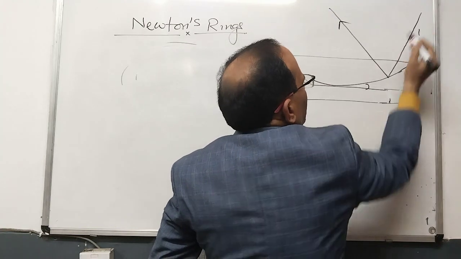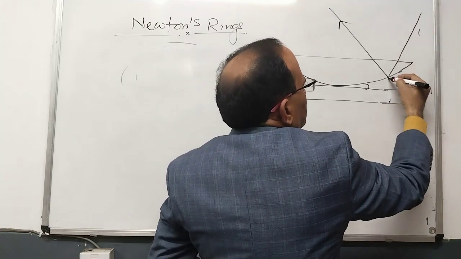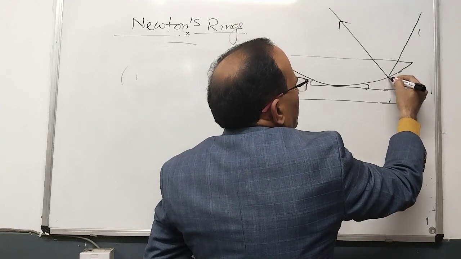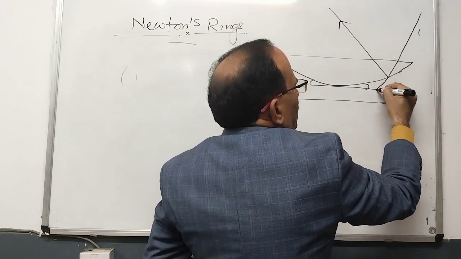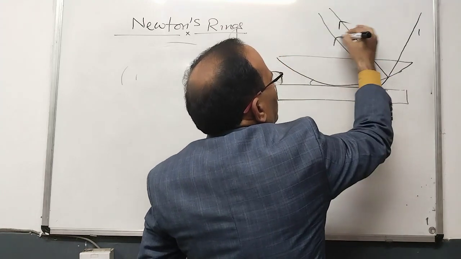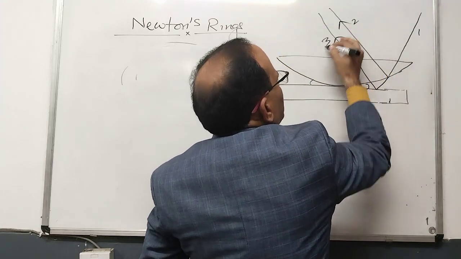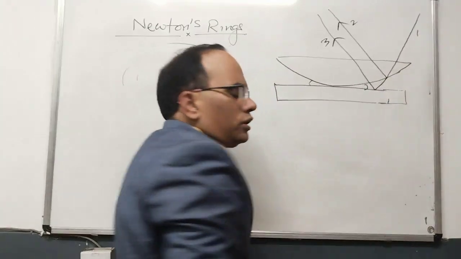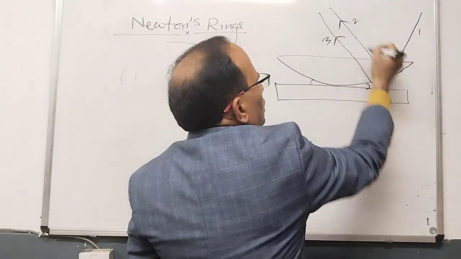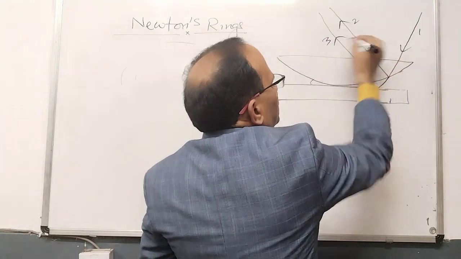This is a single ray, and it bends because it goes from denser to rarer medium, and again it reflects from this side. So this is 2, this is 3. Corresponding to one incident ray, we get 2 rays, and they are known as reflected rays.